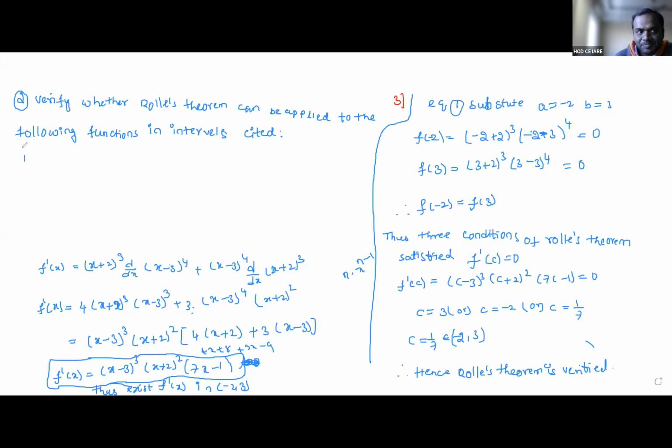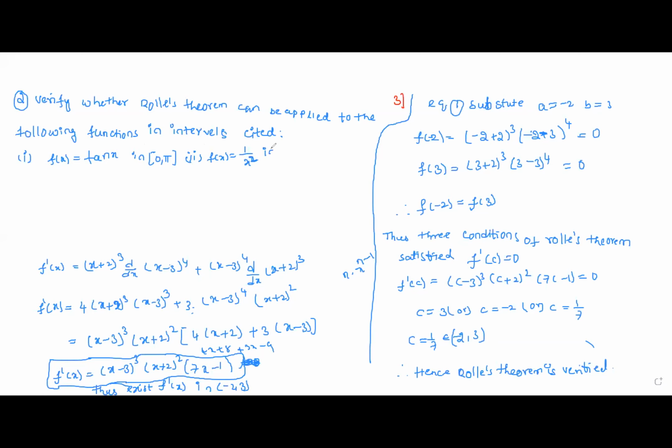First question. F of x is equal to tan x in 0, pi. Second one, f of x is equal to 1 by x square in minus 1, 1.